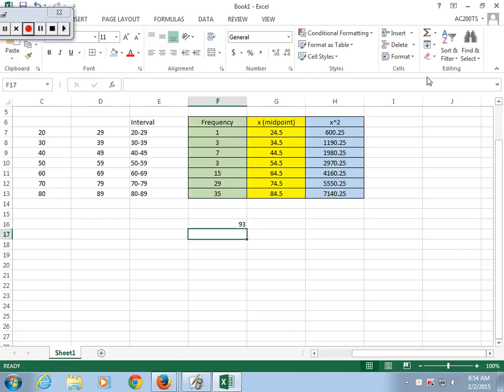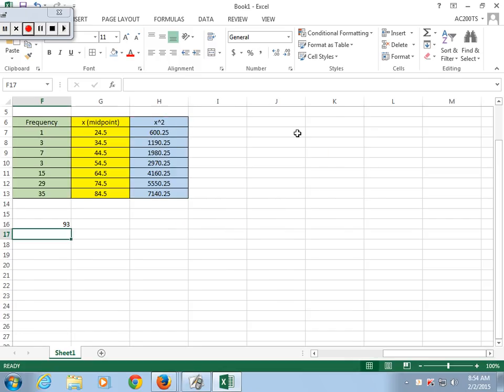Now, I'm going to go over here and I'm going to put 2 other columns, and I'm going to skip a little area right over here, and I'm going to put one right here. And I'm going to call this one f times x squared. And I'm going to call this one f times what? Well, how'd you know to call them those? Because that's what I need in the formula. Go back to the formula.